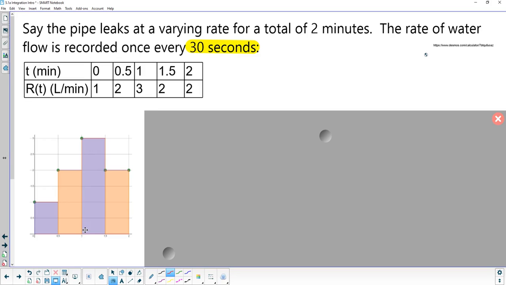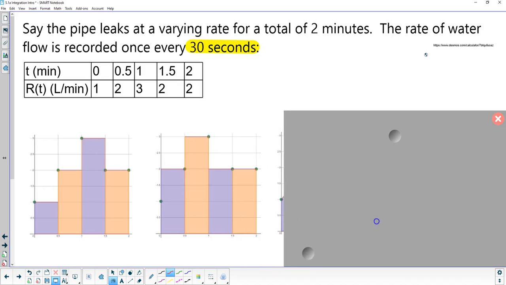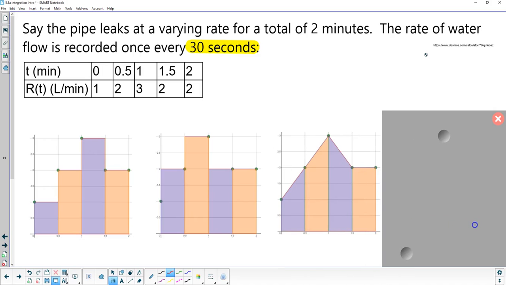So now, still leaking for 2 minutes, and now I've recorded once every 30 seconds, right? So some options. Use the left endpoints to make these rectangles, right? That's what it looks like using the right endpoints for the heights. This is what it looks like averaging the left and the right.